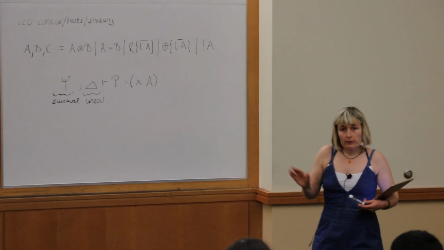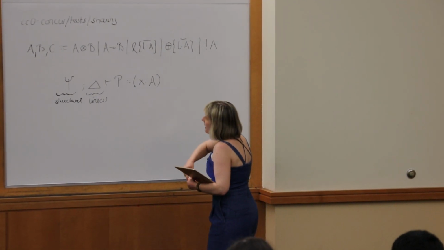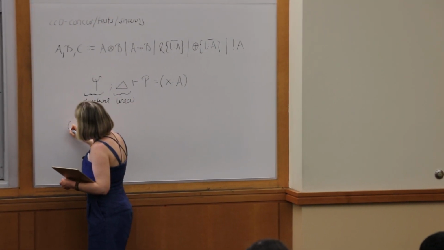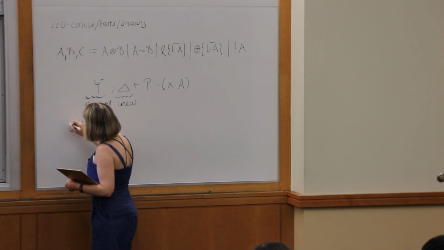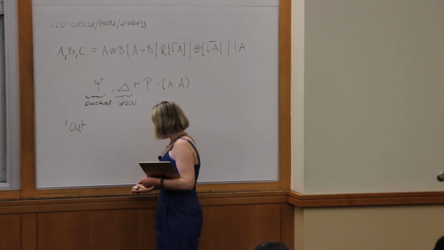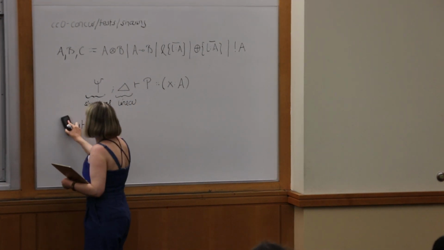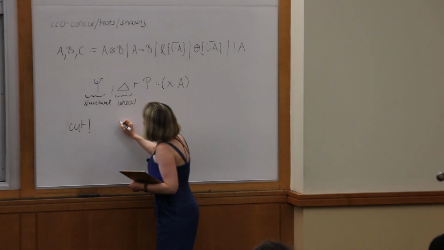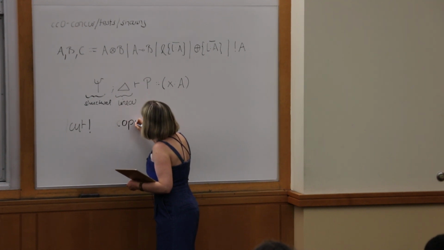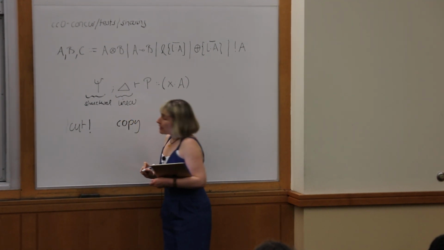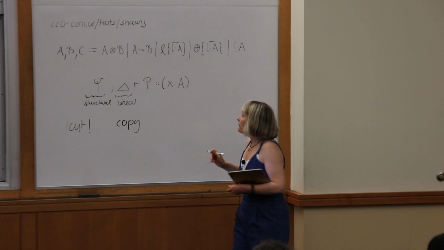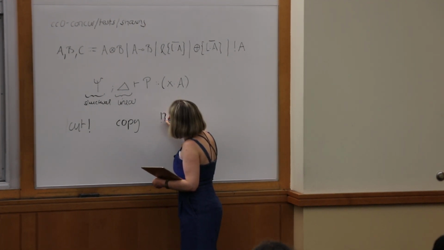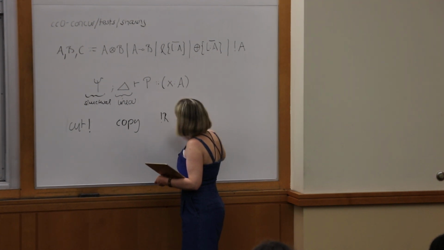Also, let me point out that we have judgmental rules. We have an analogous thing for cut, which is cut bang. I think we usually write it like that. And then we also have a copy rule. And we have left and right rules for bang, so we have bang right and bang left.